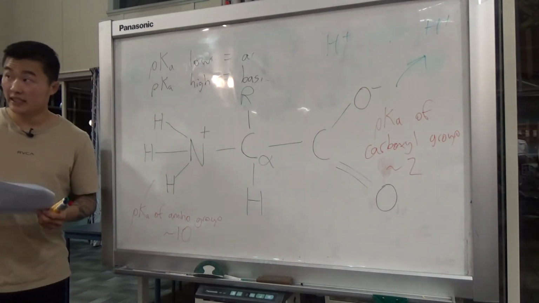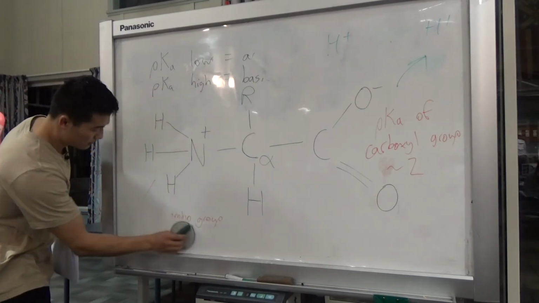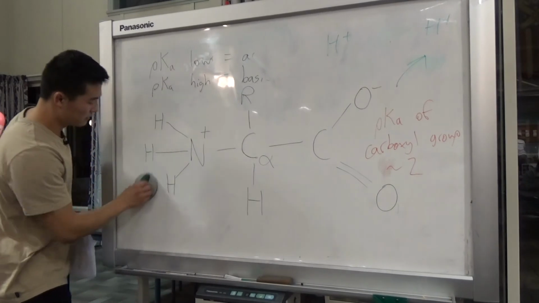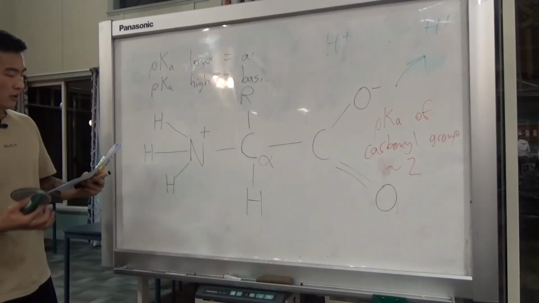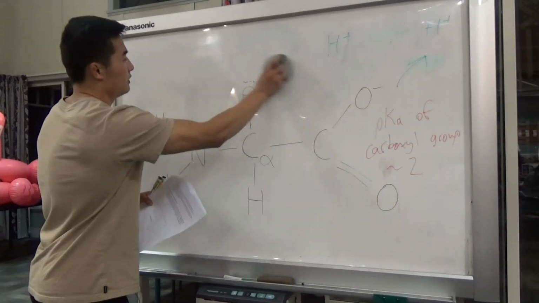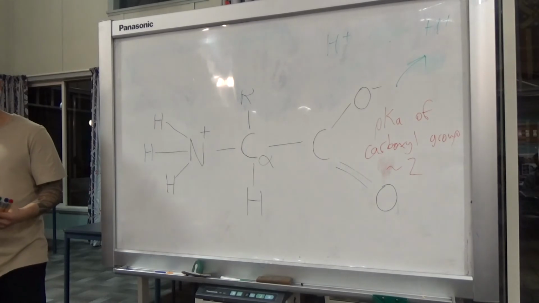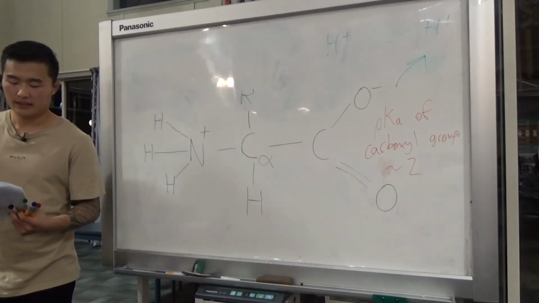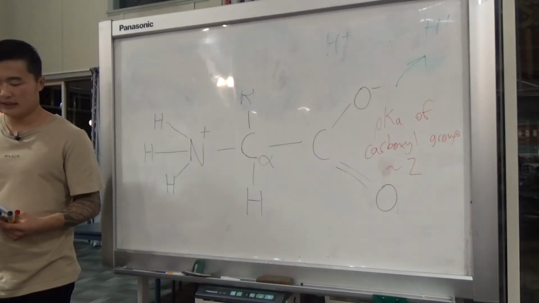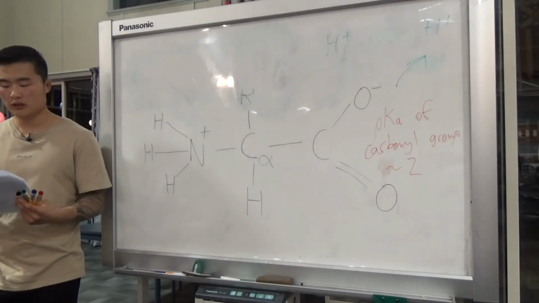And then we'll go over the isoelectric point. So the isoelectric point, which is also called the pI, is the pH at which an amino acid will be electrically neutral overall.